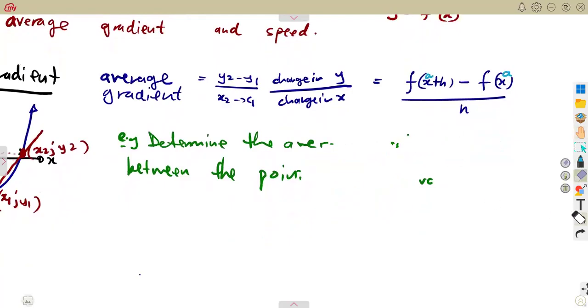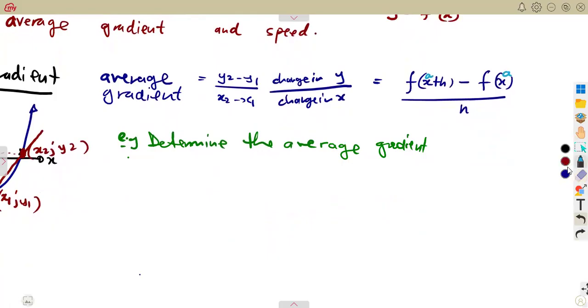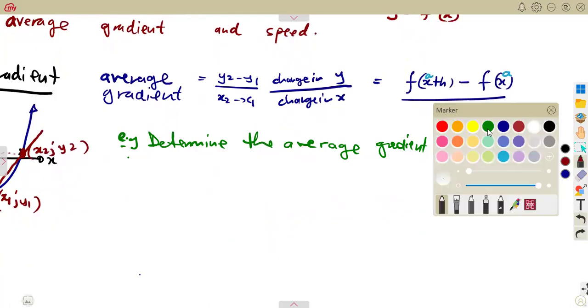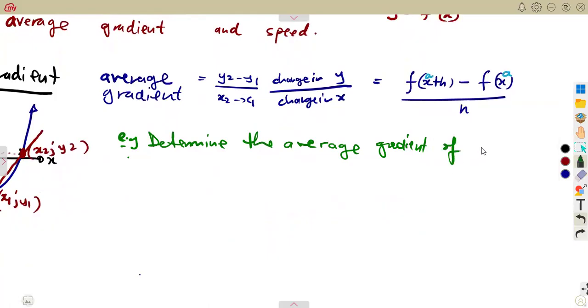But they might give you a question like this, where they want you to determine the average gradient. Okay, let's say you are given a question like determine the average gradient of the graph. Let's consider this question. Let's say we are given f of x is equal to x squared plus 2.